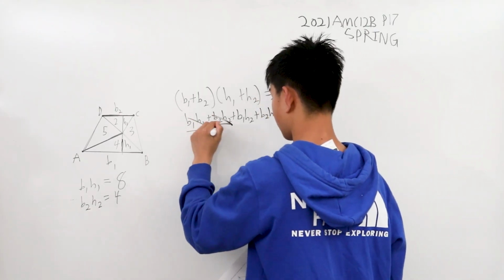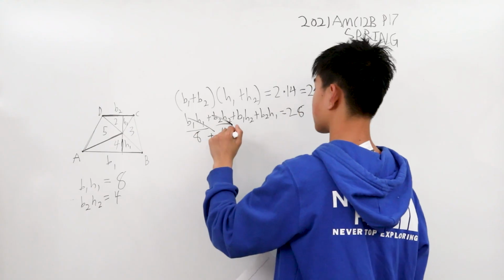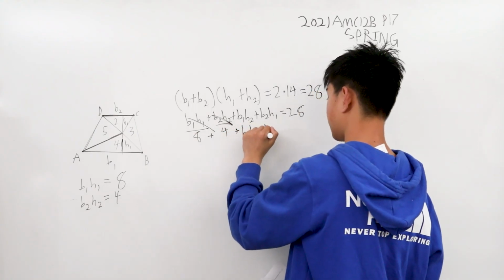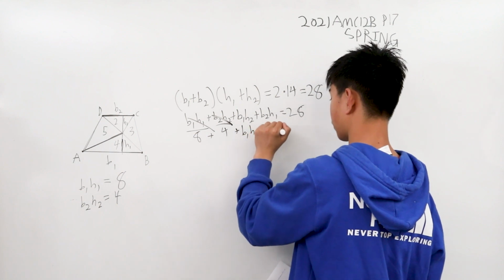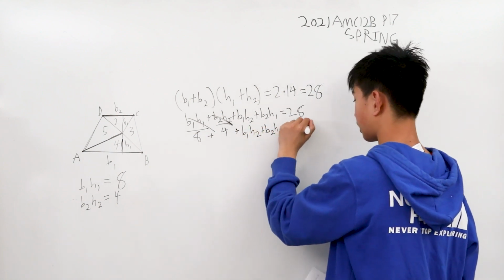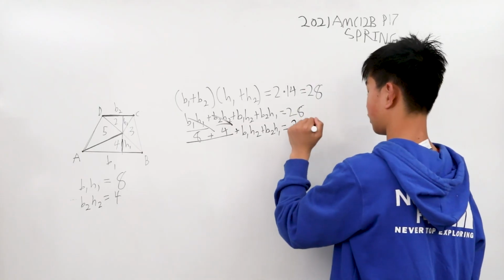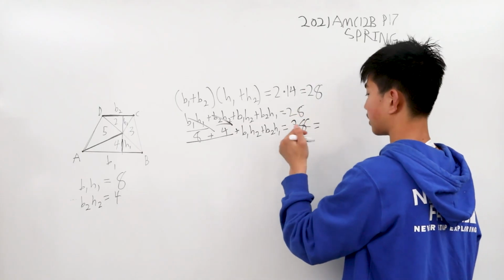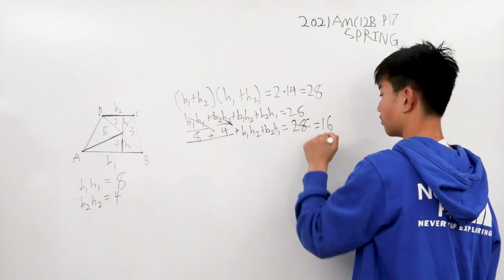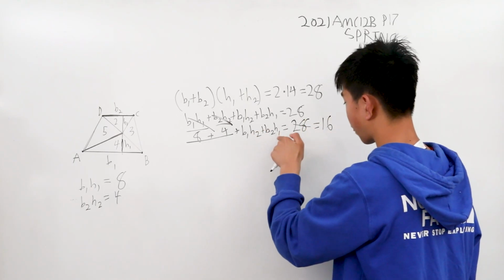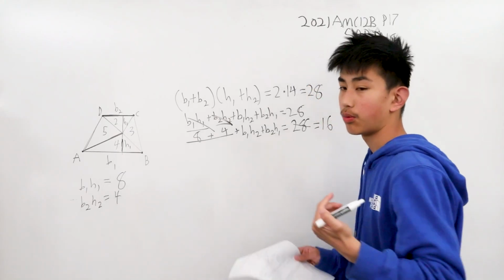So 8 plus 4 plus B1H2 plus B2H1 is 28. This cancels, and 28 minus 12 is 16. So we have B1H2 plus B2H1 equals 16.